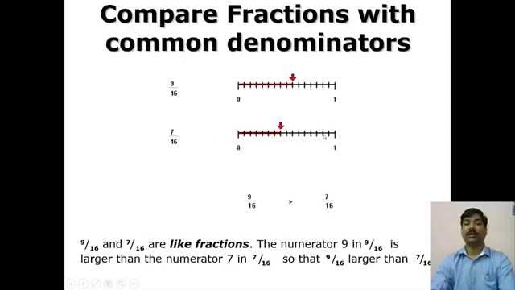Both are like fractions, and from this figure it is clear that this part is greater than this part. So from the picture it is clear 9 upon 16 is greater than 7 upon 16.